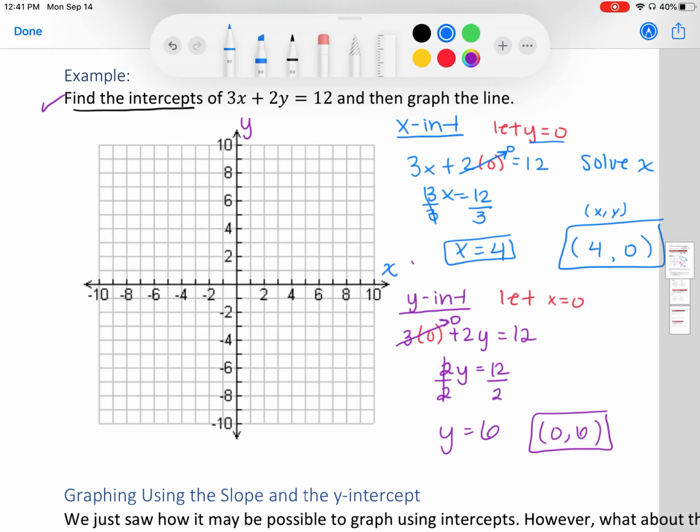Our x-intercept is the point (4, 0). And our y-intercept, the point that touches your y-axis, is not negative 6, it's positive 6. Now to graph our line, we just need 2 points to create a line. We just connect them and we have our line. This is how we graph using intercepts.